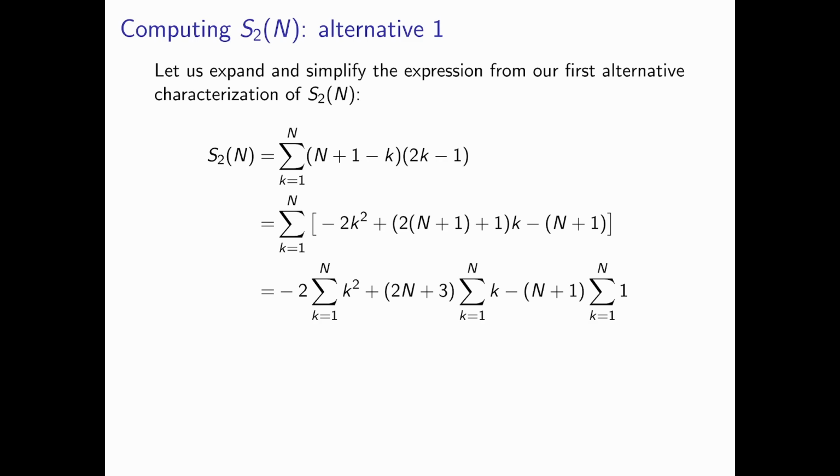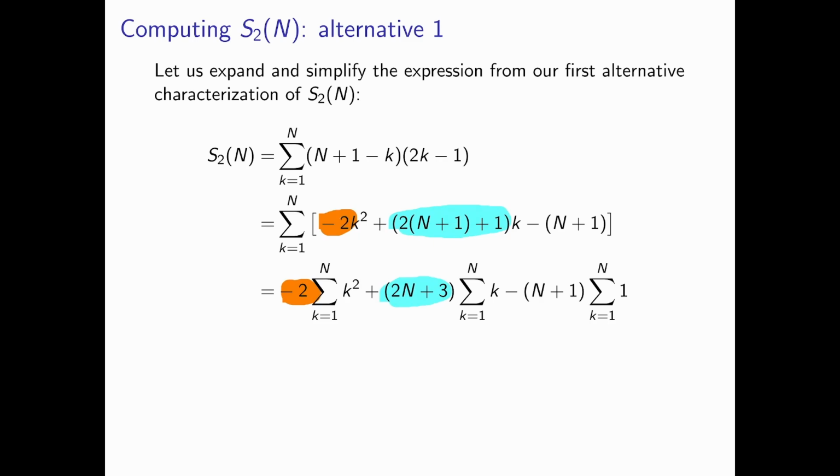So minus 2 of the sum as k ranges from 1 to n of k squared plus 2n plus 3 times the sum as k ranges from 1 to n of k, then minus n plus 1 times the sum as k ranges from 1 to n of 1 simply. So we get that this first part here is just this minus 2 that we get from here. The second part here is just this expression here when we simplify it.